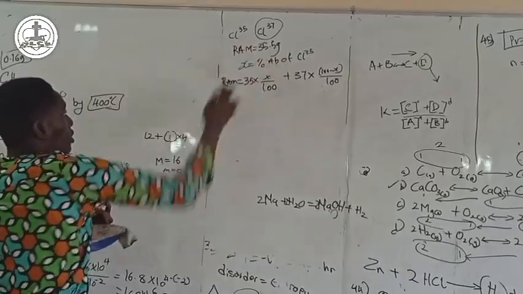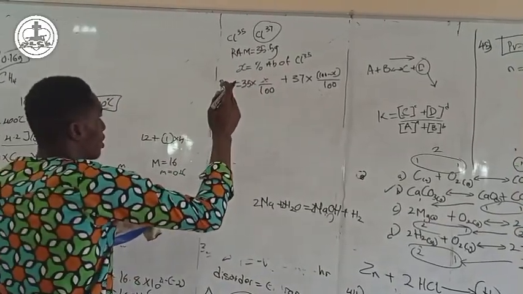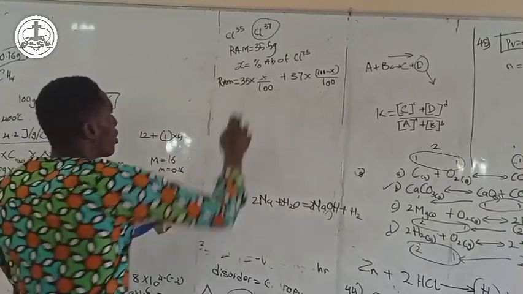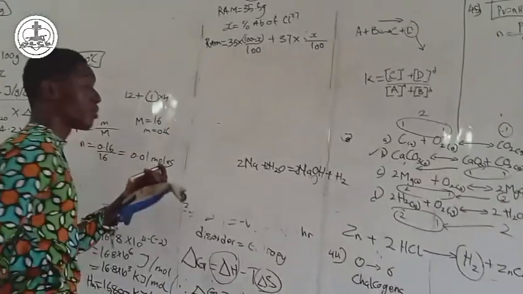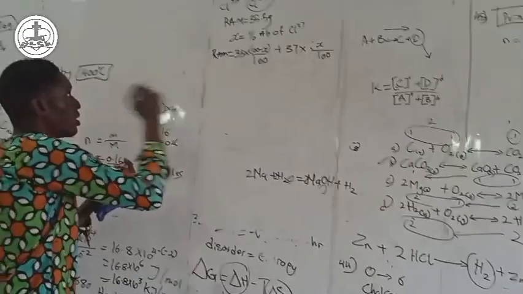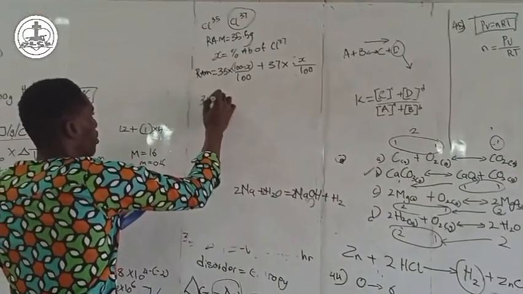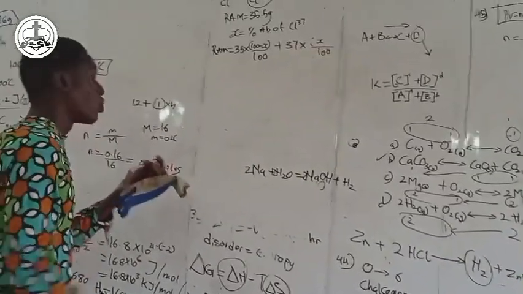But now we have the RAM given to us, so we just look for x. Sorry, we are looking for the percentage abundance of 37. So let x be for 37. So this will be 100 minus x for chlorine 35, and x for chlorine 37.